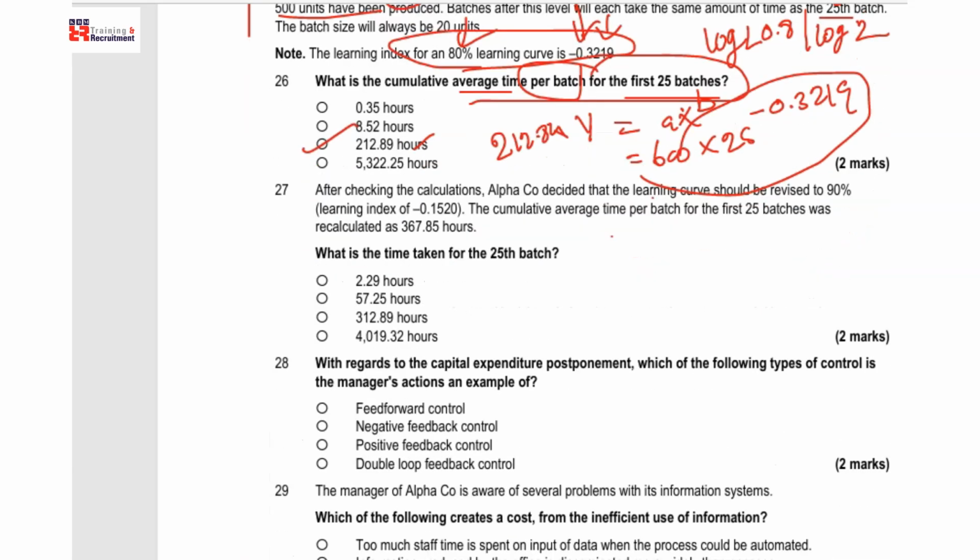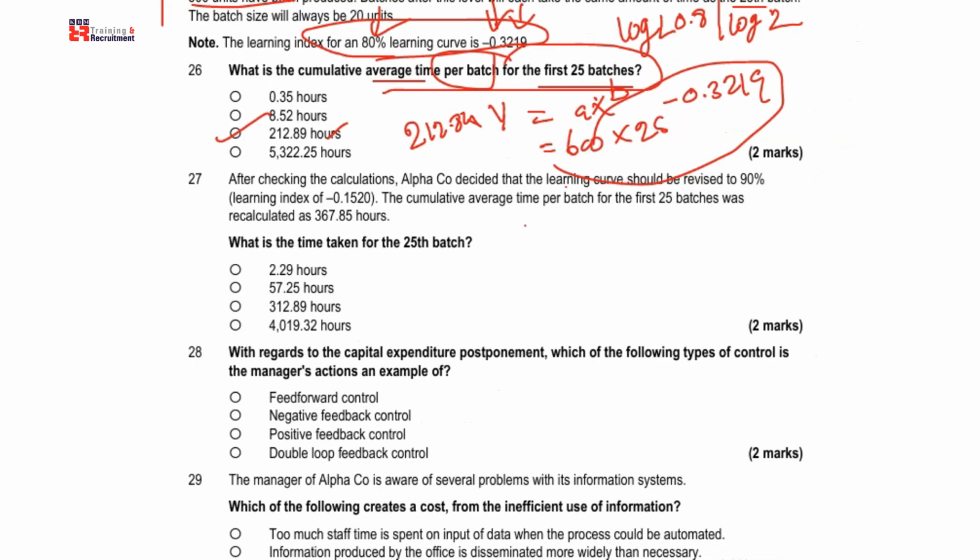Right, number 27. After checking the calculations, AlphaCo decided that the learning curve should be revised to 90%. Okay, so they're not learning faster, they're learning slower. The cumulative average time per batch for the first 25 batches is recalculated.